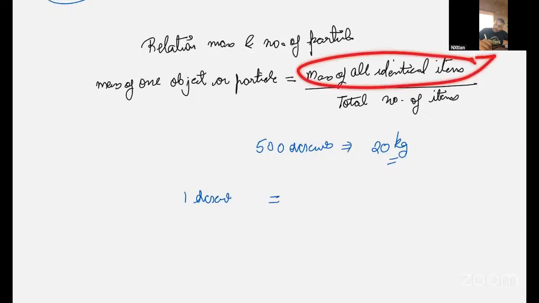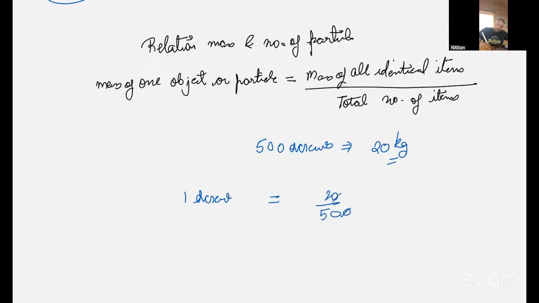It's 20, and the total number of items is 500. So I will write it like this: 20 upon 500. If I solve this, I get 1 upon 25, which is 0.04 kilogram, which means 40 gram.